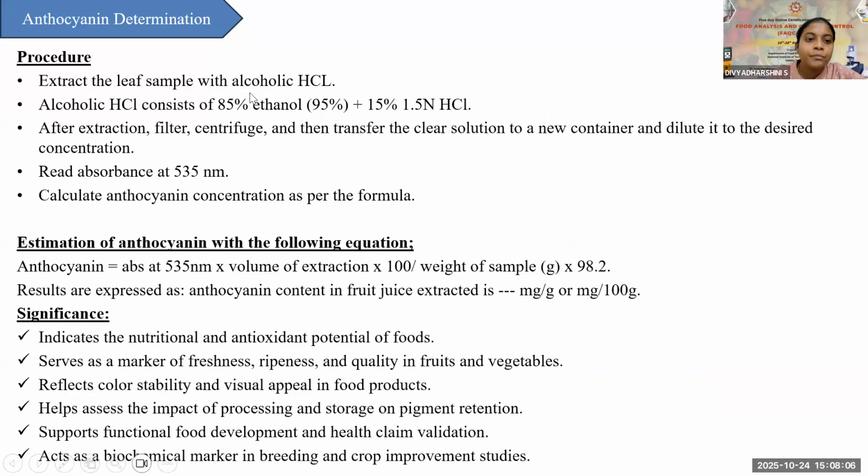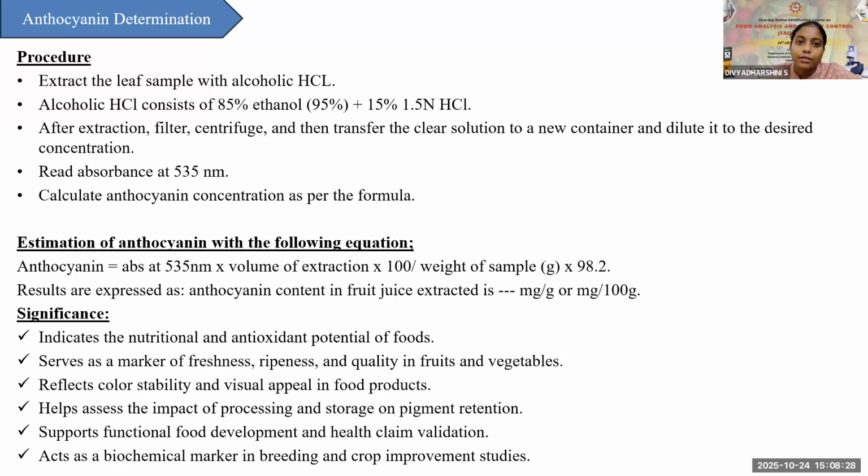That alcoholic HCl is 85% ethanol, which is diluted ethanol at 95%, and 15% of the 1.5 normality HCl. For example, if I'm taking 10 ml of extract, that is 8.5 ml of ethanol and 1.5 ml of 1.5 normality HCl. Got it?